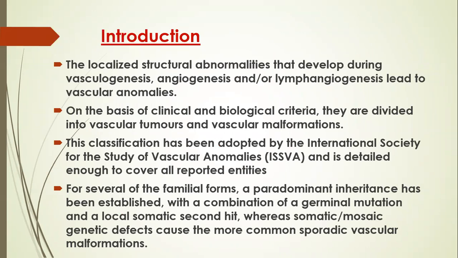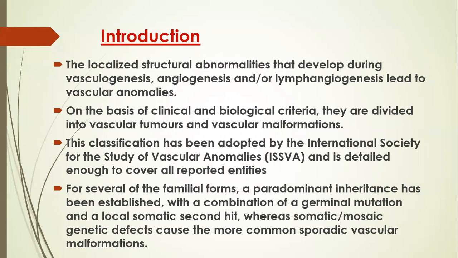On the basis of clinical and biological criteria, they are divided into vascular tumors and vascular malformations. This classification has been adopted by the International Society for Study of Vascular Anomalies and is detailed enough to cover all reported entities.